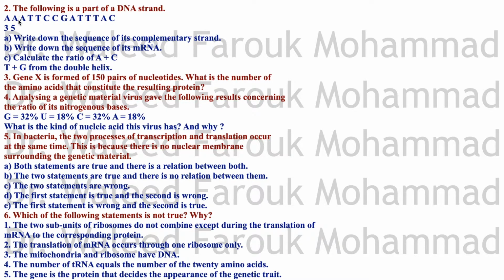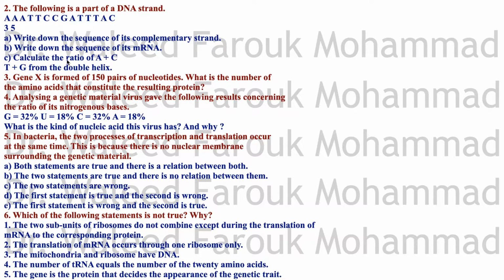So adenine base pairs with thymine, so it's TTT. Thymine with adenine, so it's AA. Cytosine with guanine, so it's GG. This is cytosine, this is thymine, this is adenine, thymine, and guanine.